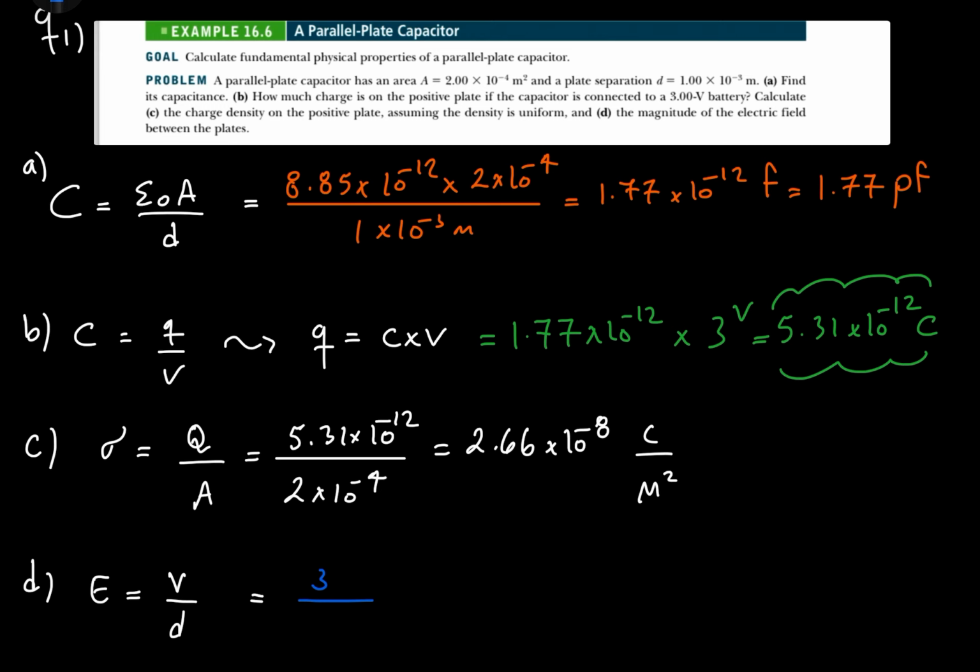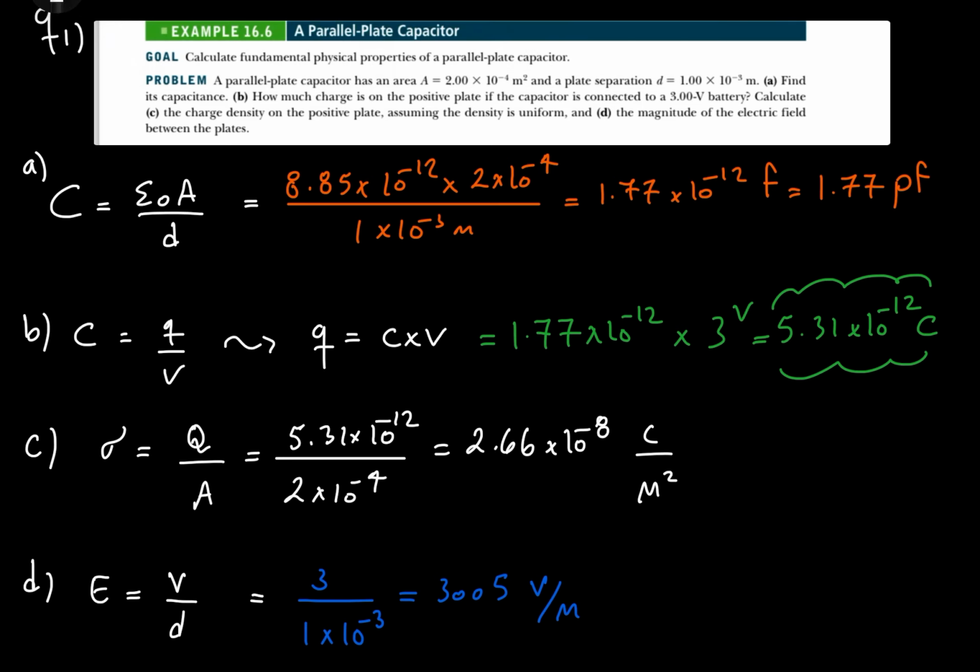So the distance between the 2 plates is 1 times 10 to the power of negative 3. Let me calculate that. That would give you a value of roughly 3,000 volts per meter. So you can just write that as 3005 volts per meter.